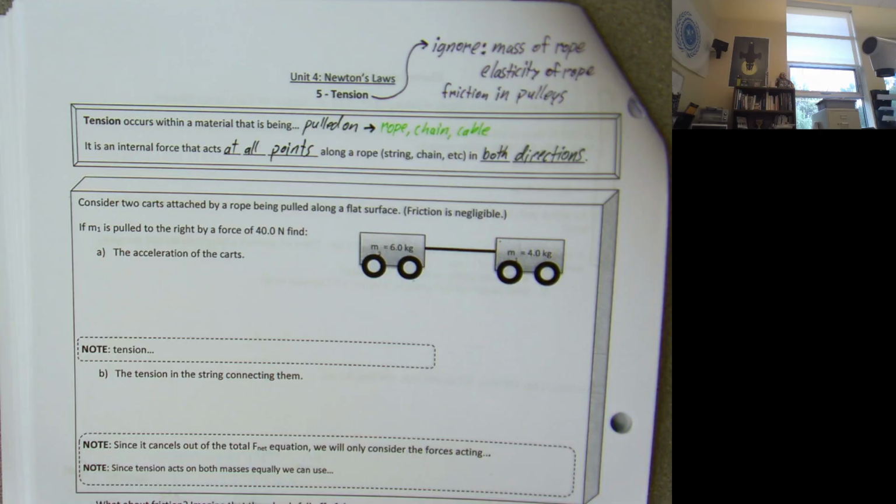So how do they accelerate? What can you tell me about the acceleration of one block versus the acceleration of the other block? I applied a force to the block on the left. What does the block on the right do? It follows along. So if I give this block a particular acceleration, what's going to happen to the block over here?